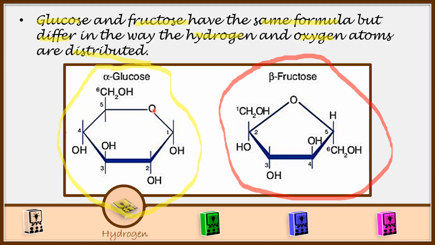But when you go to carbon atom 1 of fructose, it has two hydrogens and the hydroxide, then another one is connected to a carbon. So there is a difference in the distribution of hydrogen and oxygen.